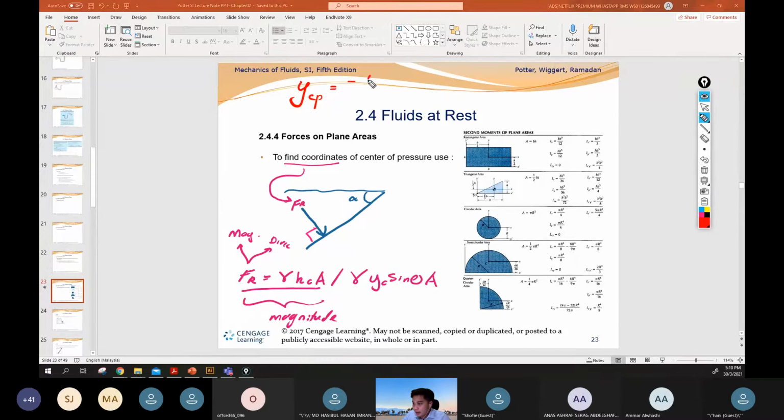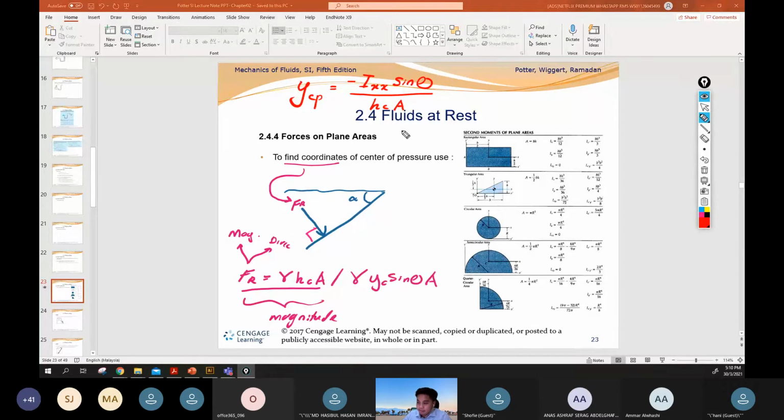Ycp equal to Ixx, the second moment of area, multiplied with sine theta over hc times area.